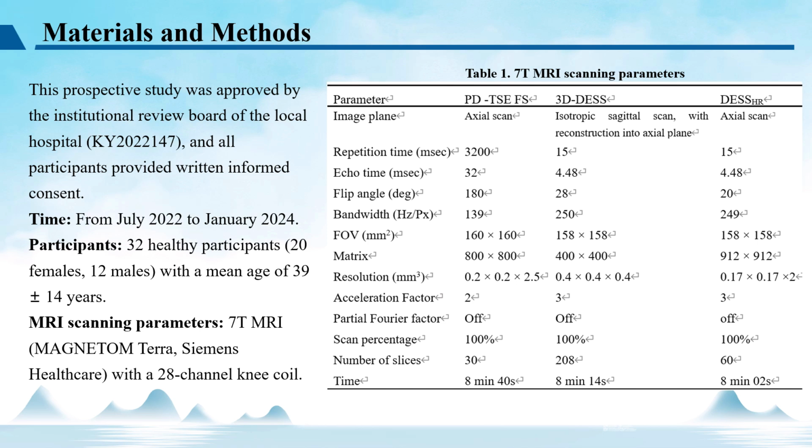Specifically, a sagittal DESS sequence with an isotropic resolution of 0.4 mm was used for 3D structural evaluation and then reconstructed to the axial plane, and another axial DESS sequence with a high resolution of 0.7 by 0.17 by 2 mm was used to assess nerve fascicles.